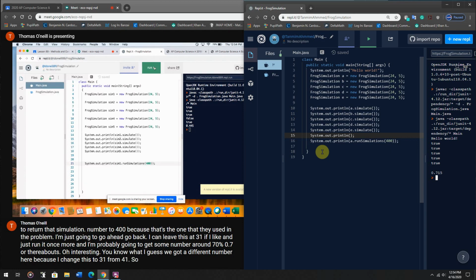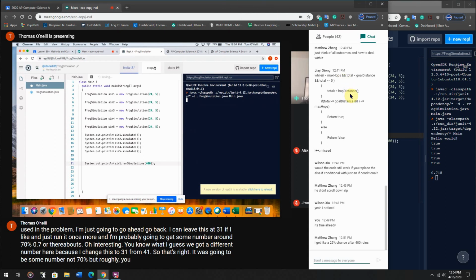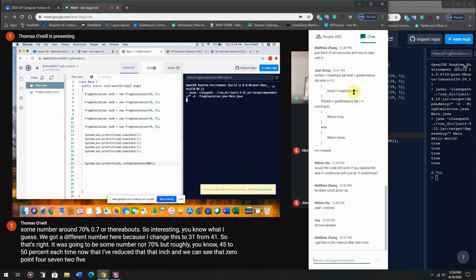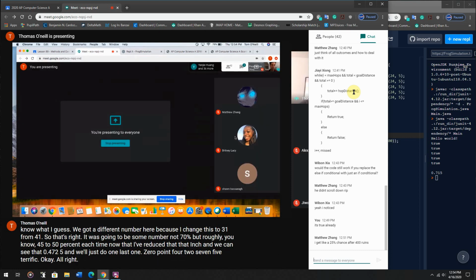So that's right. It was going to be some number, not 70%, but roughly 45 to 50% each time now that I've reduced that range. And we can see that 0.4725, and we'll just do one last one. 0.4275. Terrific.